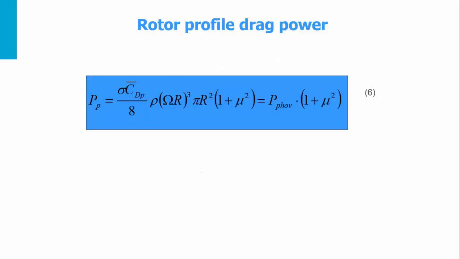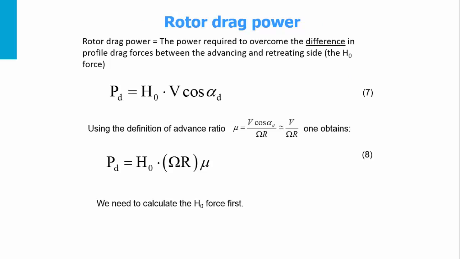Finally, performing the integration, we arrive at the expression of the rotor profile drag power as the rotor profile drag power in hover multiplied by 1 plus the square of mu, the advance ratio. We go now to the rotor drag power.